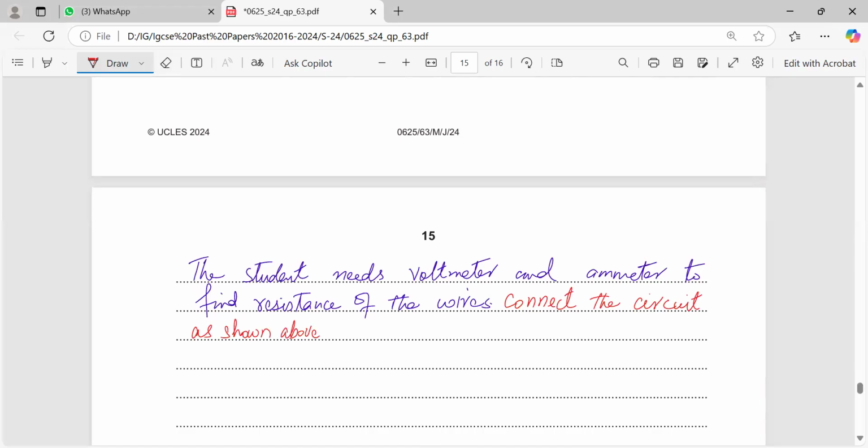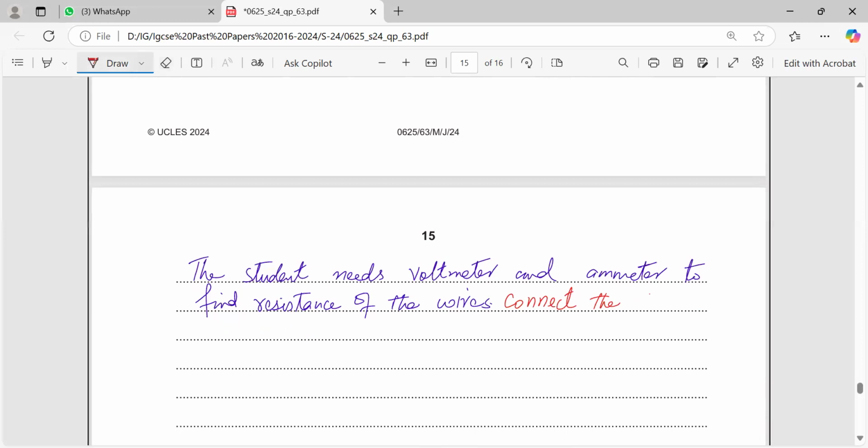Otherwise, there is no need. You can say connect one of the given wires in the circuit. Note down or record its diameter because it is a known diameter.